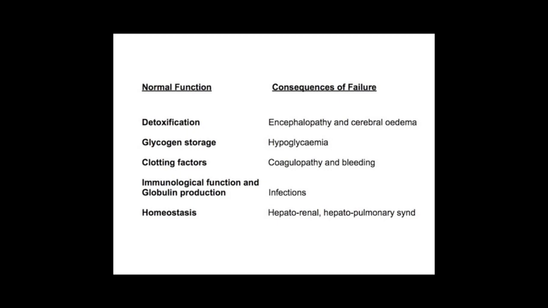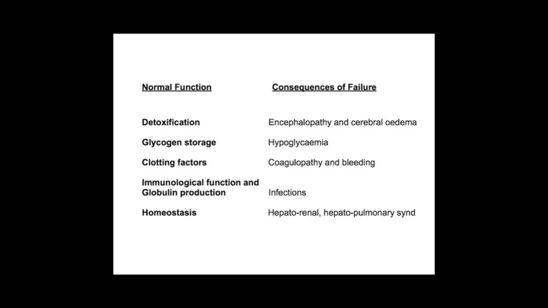The hepatocytes have a variety of different enzymes which are able to alter molecules to convert them into forms which are excretable. And this is important because failure to do this can lead to encephalopathy. As these toxins build up, they can affect the functioning of the brain, and it can also lead to cerebral edema.